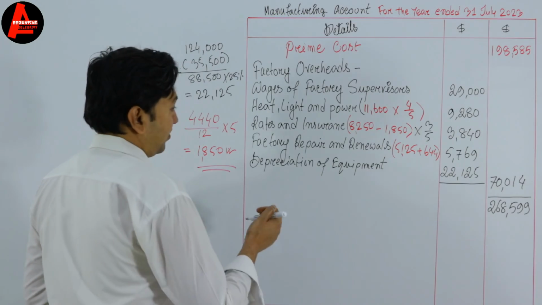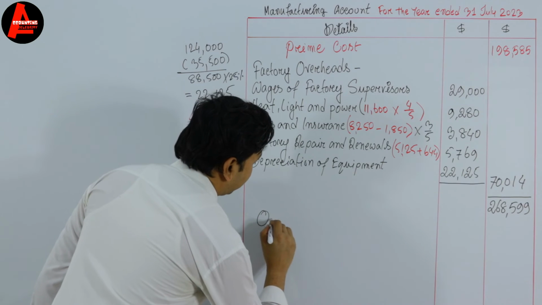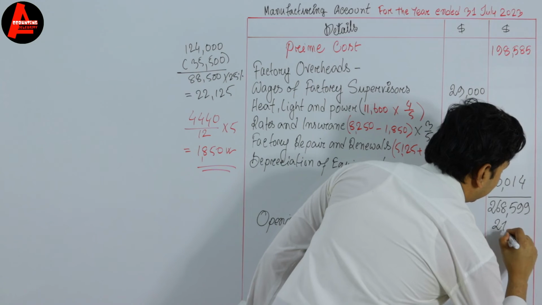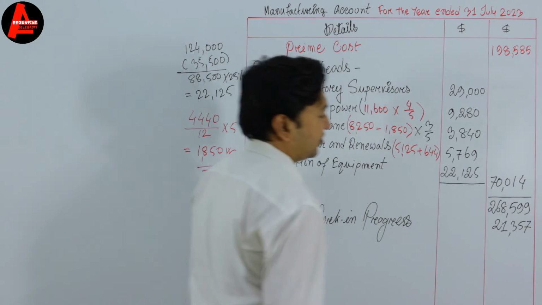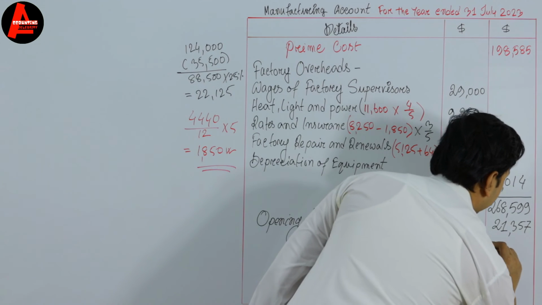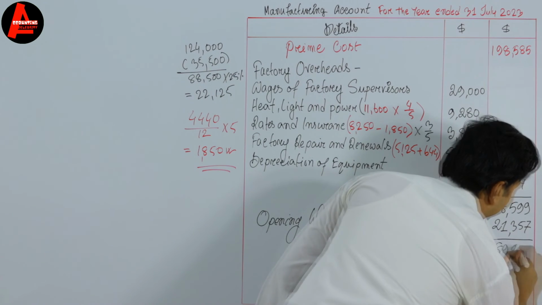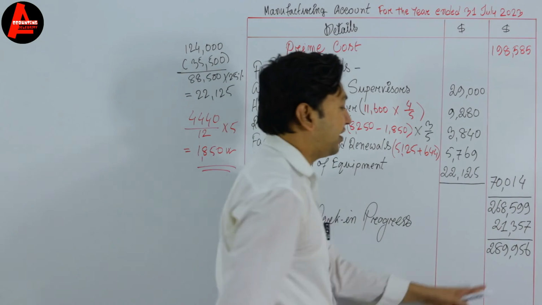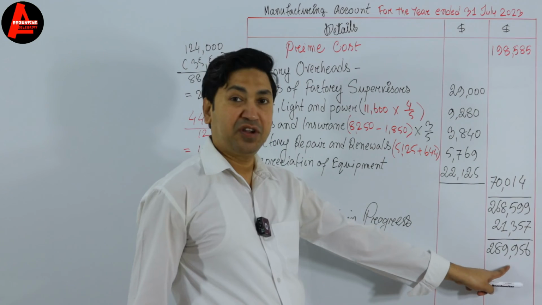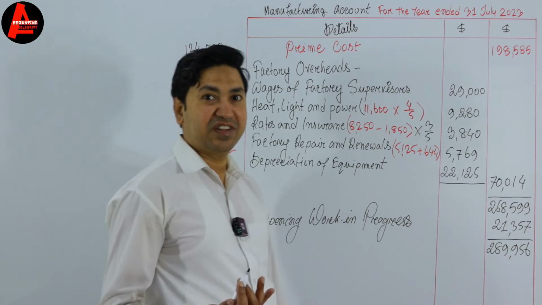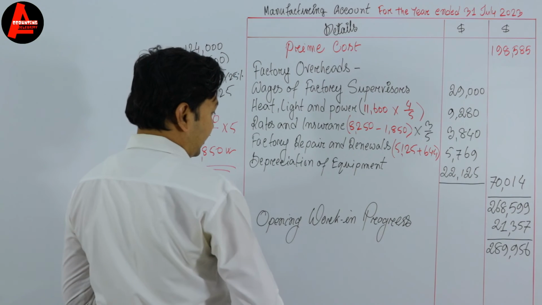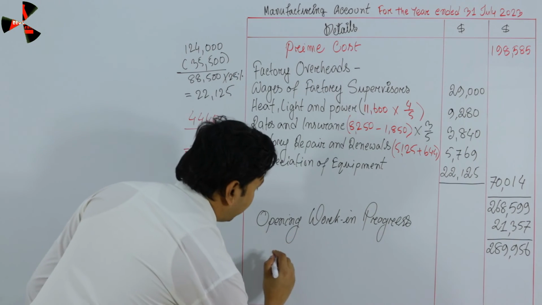So let us write here opening work in progress 21,357. Okay, so now if we add these two amounts, we get here $289,956. Okay, now from this amount if we subtract closing work in progress, we will get our cost of production. So let us write here minus or less closing work in progress.